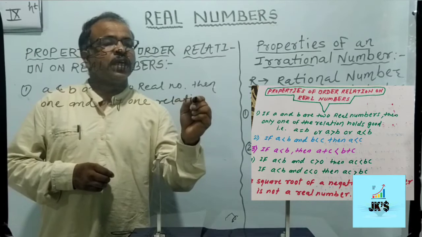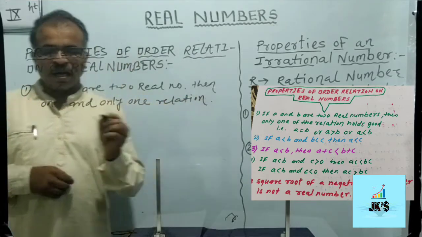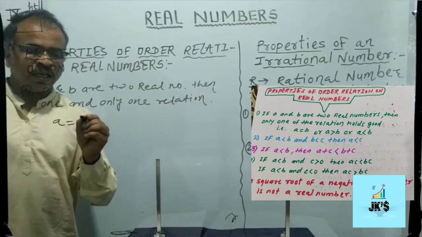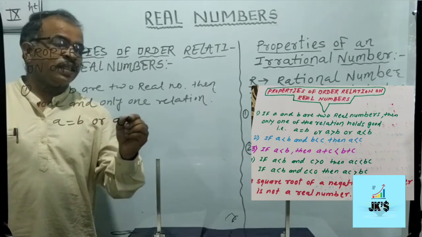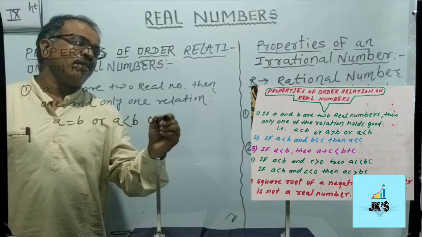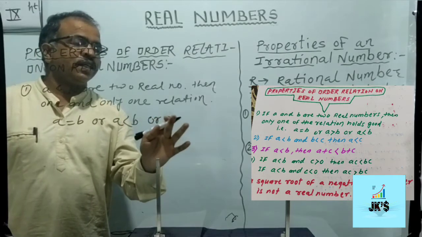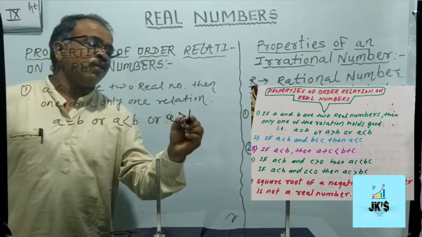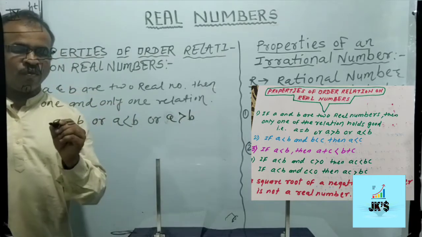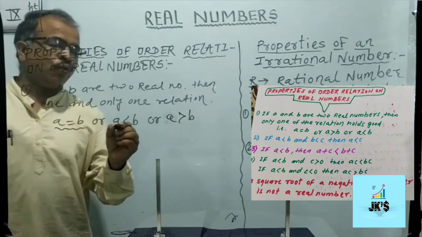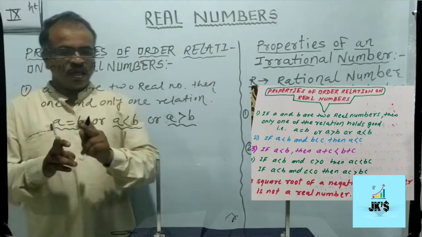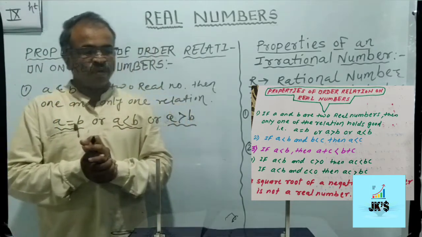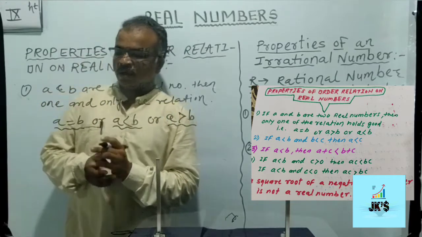Which relation is that? Either A and B are equal, or A is less than B, or A is greater than B. Out of these three, only one relation can hold between two real numbers.